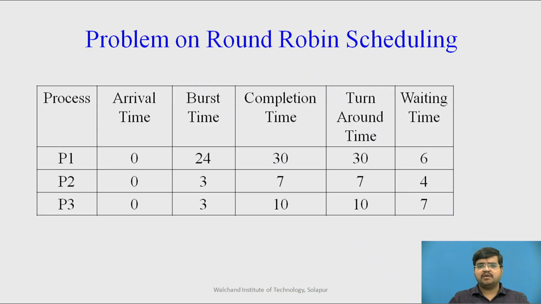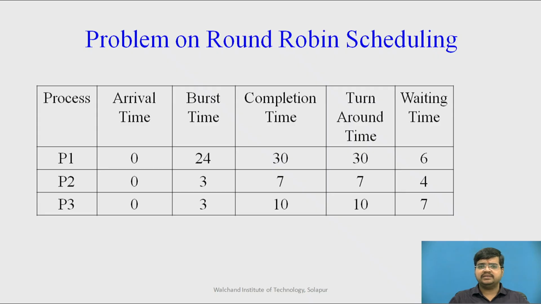Turnaround time is completion time minus arrival time. So from that you will get P1 turnaround time 30 milliseconds, P2 turnaround time 7 milliseconds, P3 turnaround time 10 milliseconds. Let's calculate waiting time. Waiting time is turnaround time minus burst time.